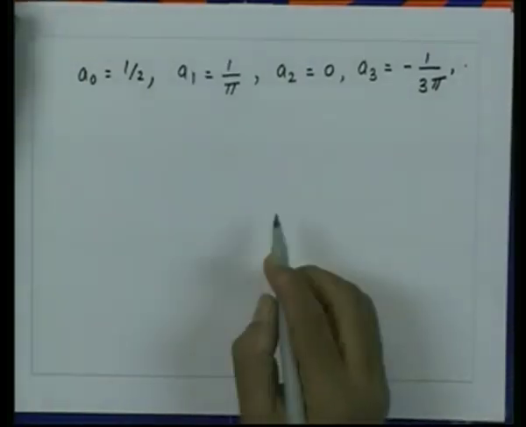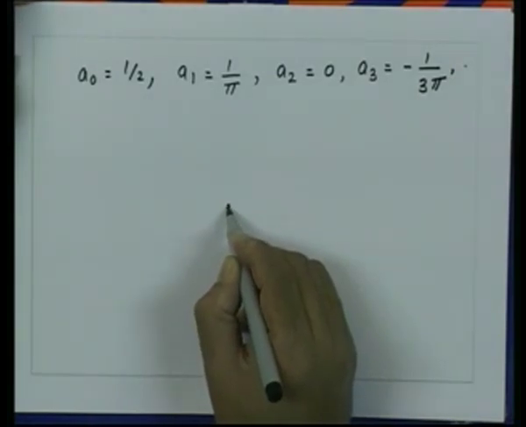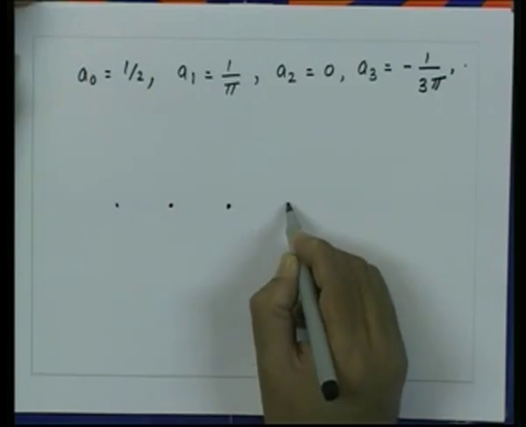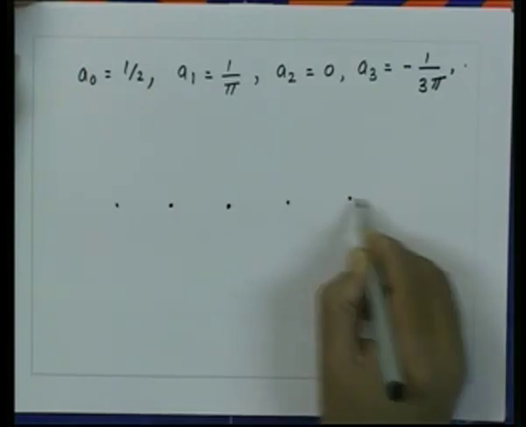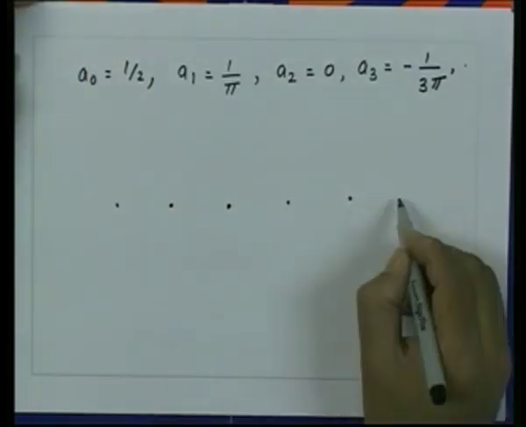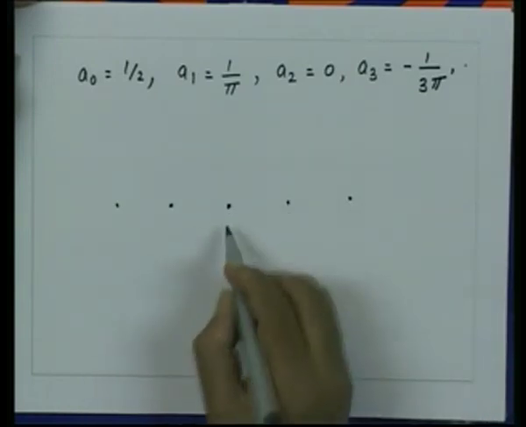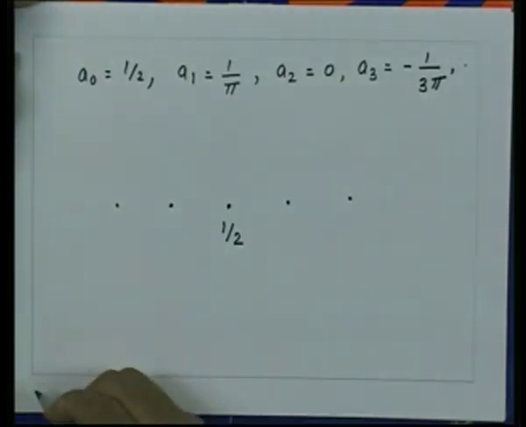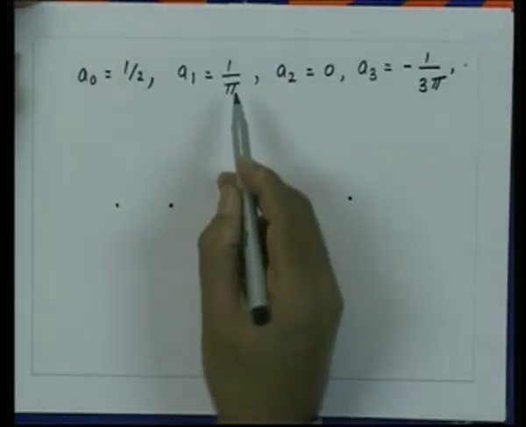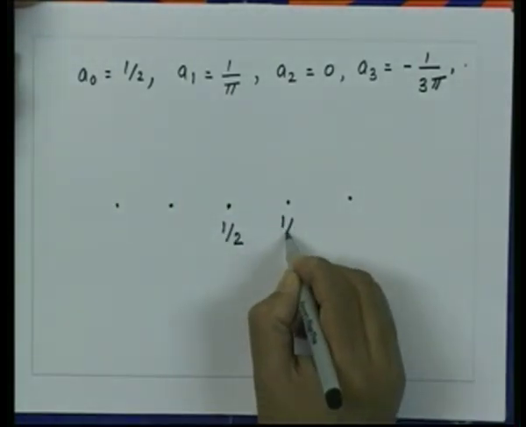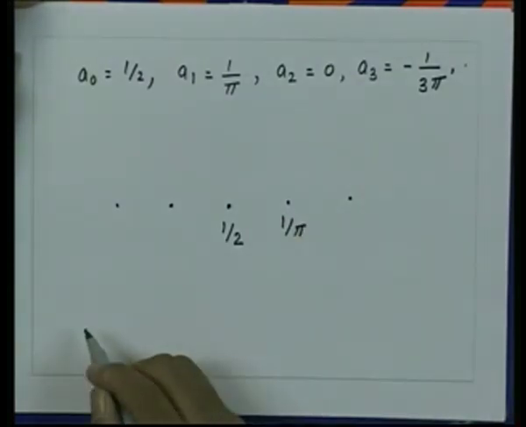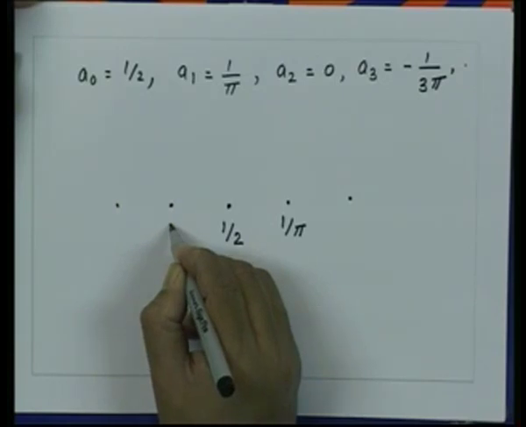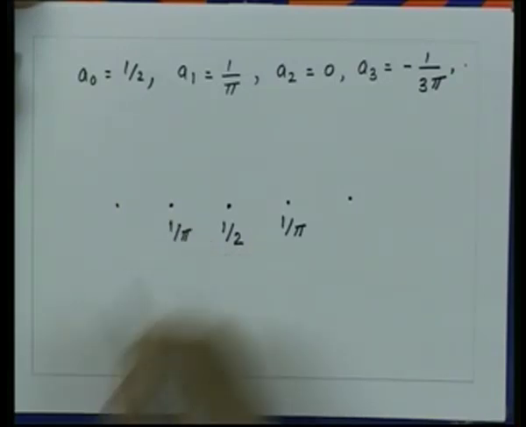So, now if I look at the current excitation for this array, as we have seen, these are conjugately symmetrically excited. This quantity, 1 upon 2, is the excitation. The a1 is having excitation of 1 upon pi, and since this quantity is real, this also will be 1 upon pi.